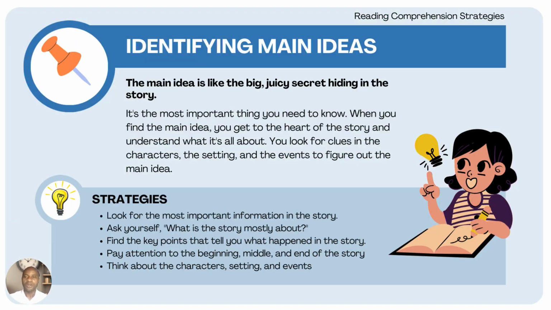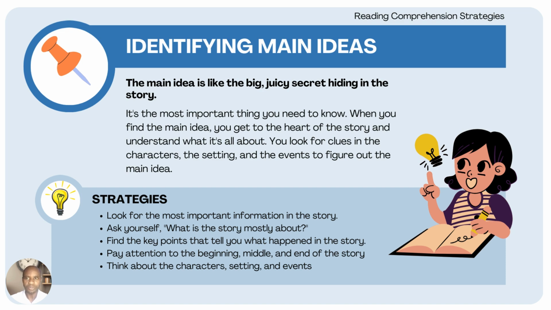It doesn't just end there. When you read, you need to read to identify main ideas. Main ideas here means finding the big points. Every story has a main idea, the most important thing the author wants you to know. So when you read through a story, there is a theme for that story, a main idea for that story.